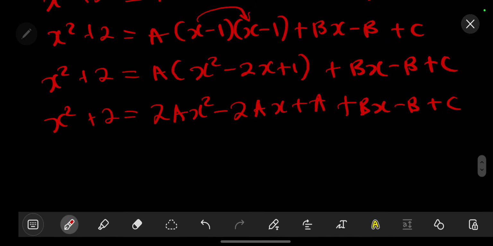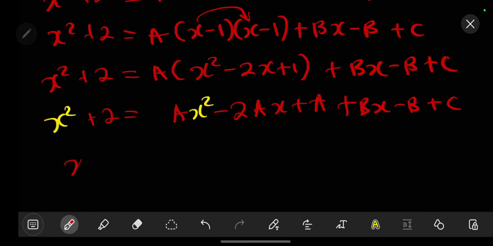So then, when we do all this, we are going now to start comparing. Okay, so there's a mistake here, it's just multiplying this and this, and that, this and that. Then we are going to compare. Whatever has the same powers of x, it means they are equal.